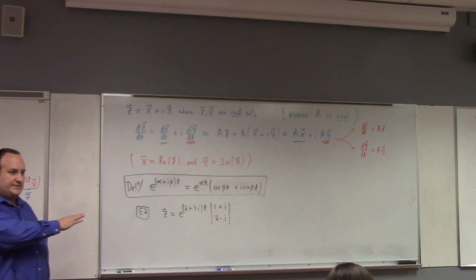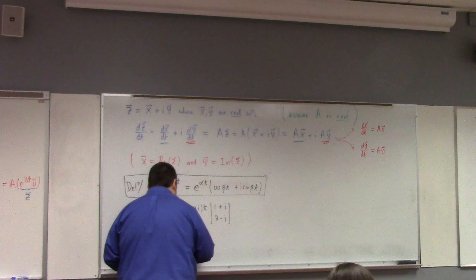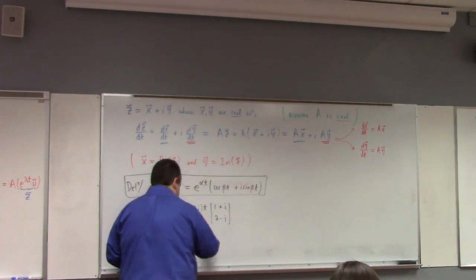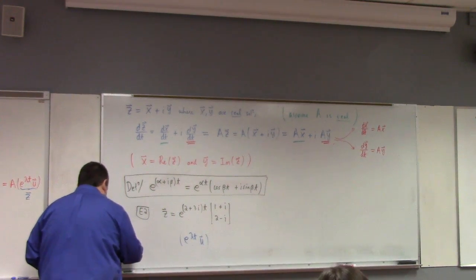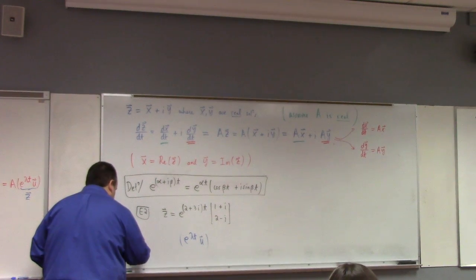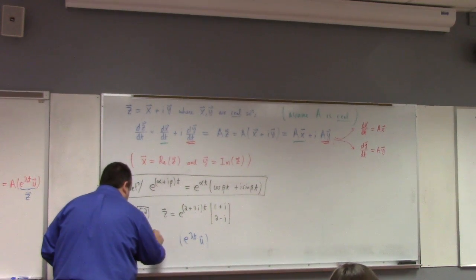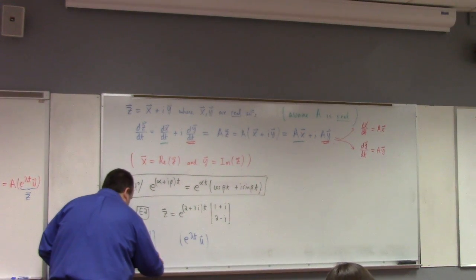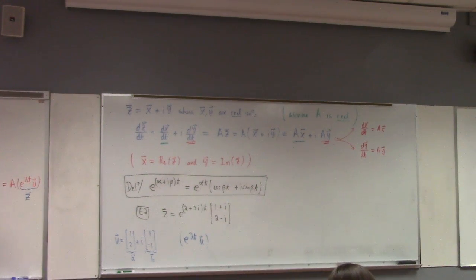This has the format e to the lambda t times u. In this case, my u is 1, 2 plus i times 1, minus 1 in my made-up example here. So this would be what I usually call A, and this is what I usually call B. I think that's the notation used in section 9.6 of the text if you prefer to read that.